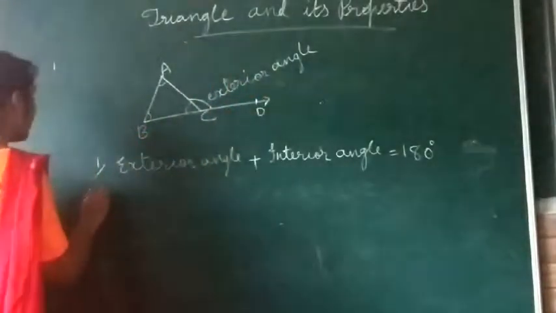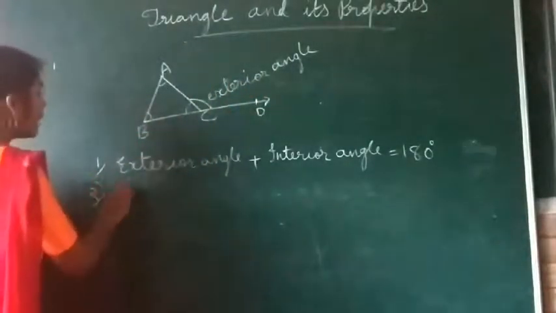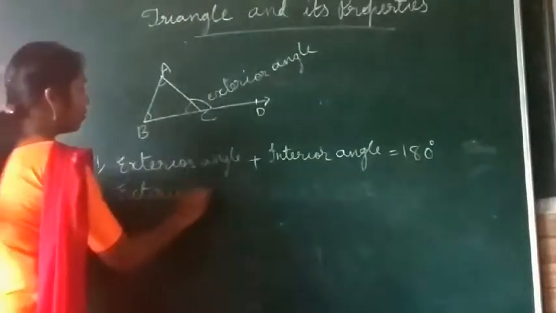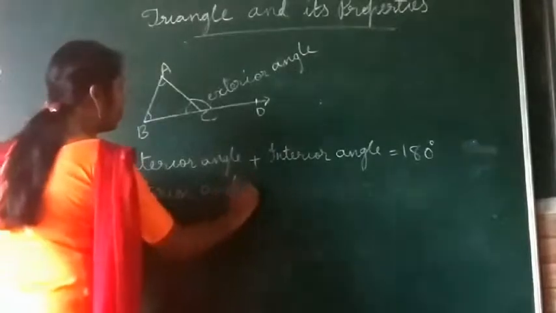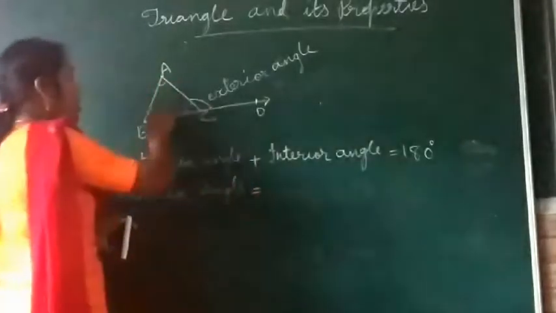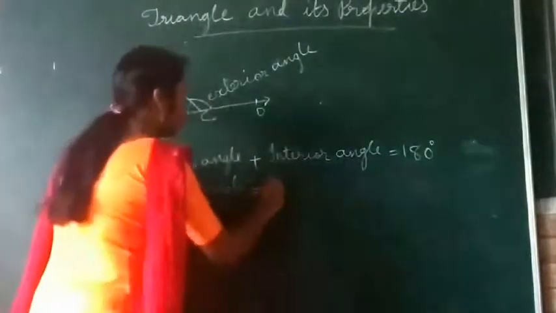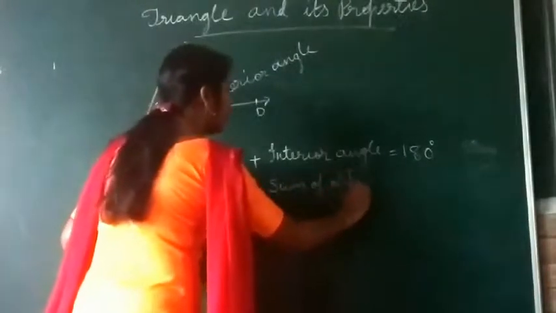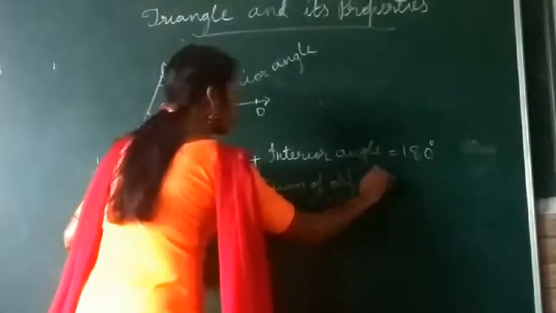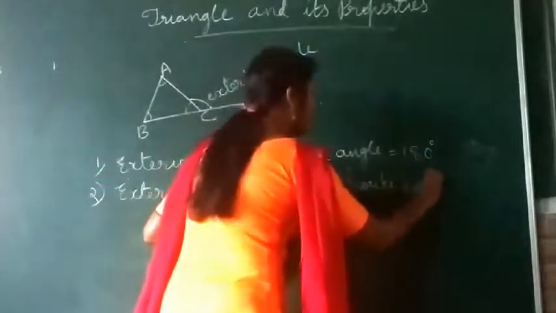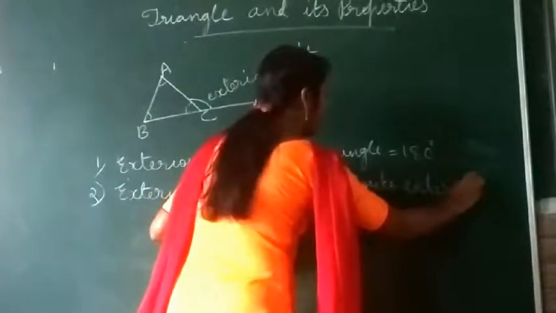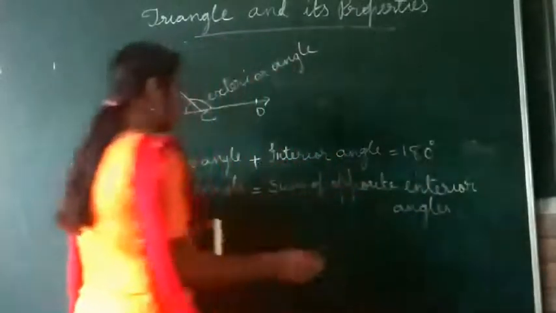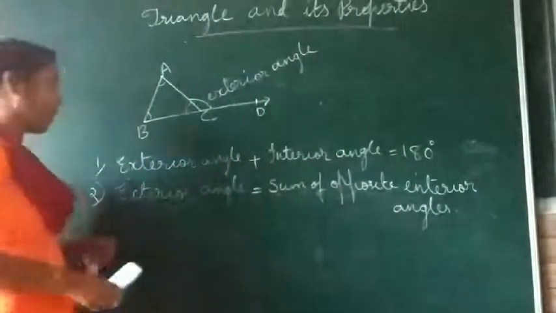Now the second property is that an exterior angle is equal to the sum of opposite interior angles. This is the second property. This is known as the exterior angle property.